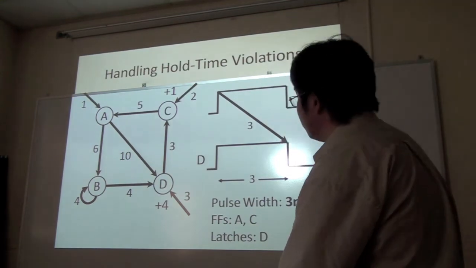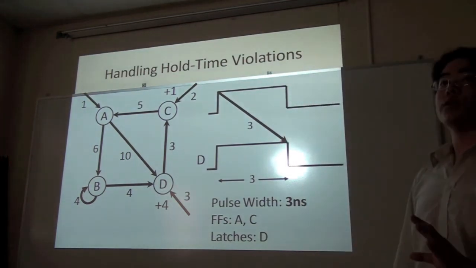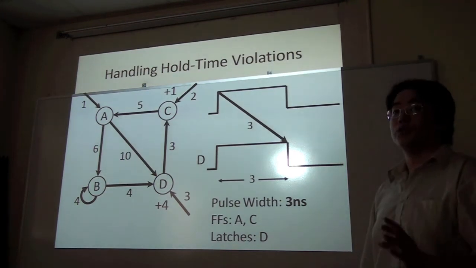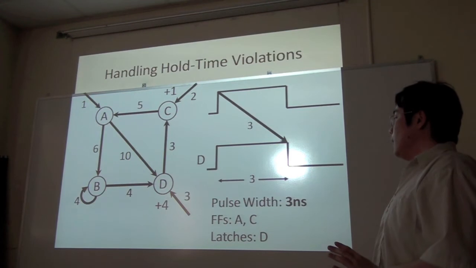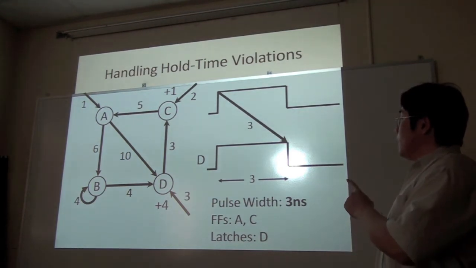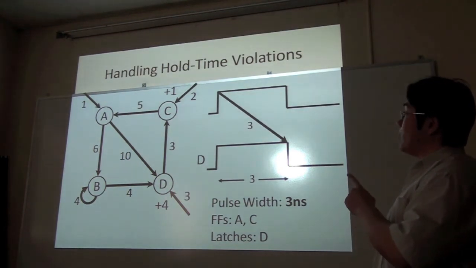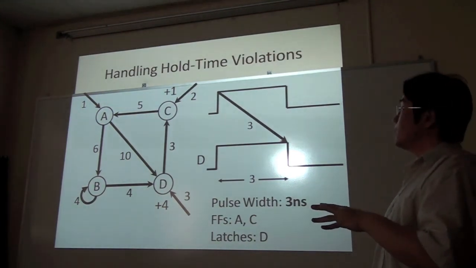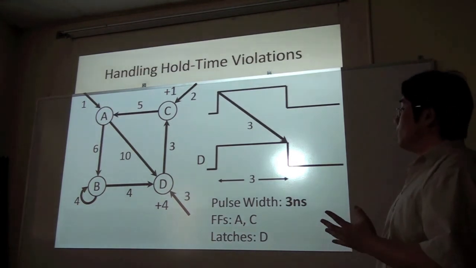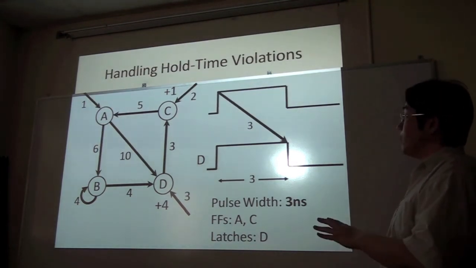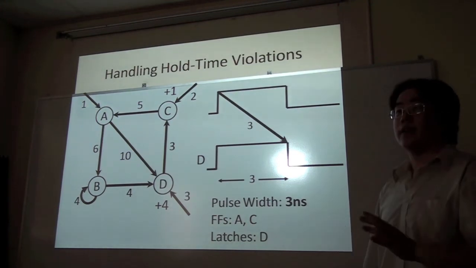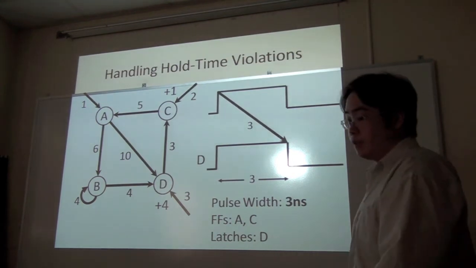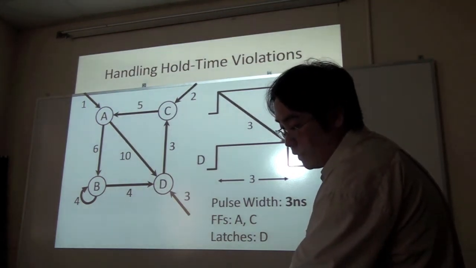So if we make this assumption and assume that we're going to use a 3 nanosecond pulse width for the whole circuit, since our goal is to use 1 clock for the whole design, we note that 3 nanoseconds would cause a hold time violation at A and C because both of the terminating signals are less than 3. So what we have to do is convert A and C both to flip-flops, meaning that we constrain them to borrow no time at all. And also we have to constrain D to borrow only 3 time units.